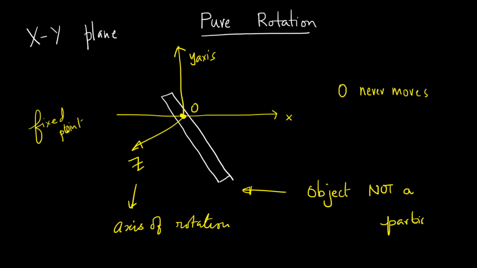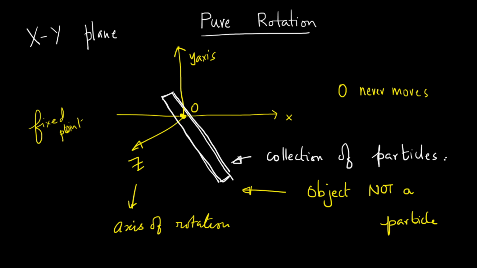Okay, this object is not a particle, and this particular rigid body, or the scale, is a collection of particles, but it's a very specific collection in the sense that the distance between the particles remains constant. So that's why it's called a rigid body.